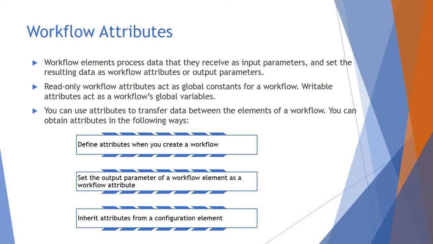You can use the attributes to transfer data between the elements of a workflow. You can obtain attributes in the following ways. Define attributes when you create a workflow. Set the output parameter of a workflow element as a workflow attribute. Inherit an attribute from a configuration element.